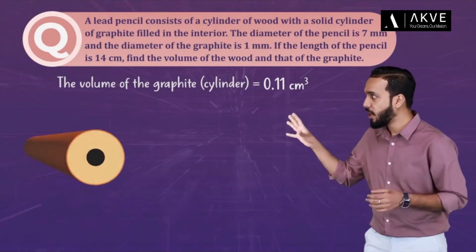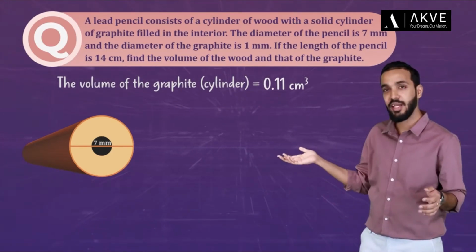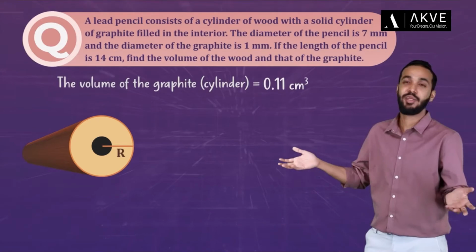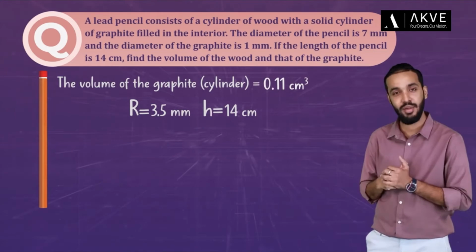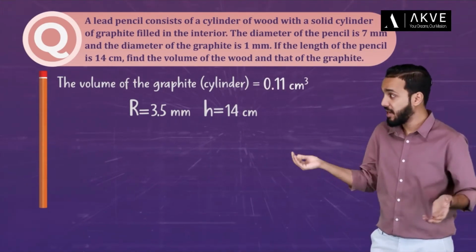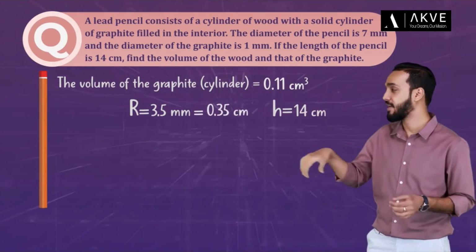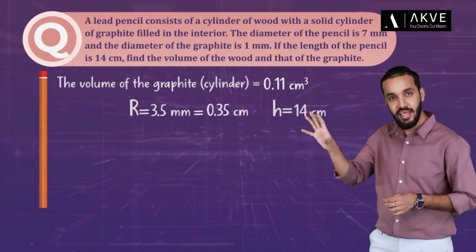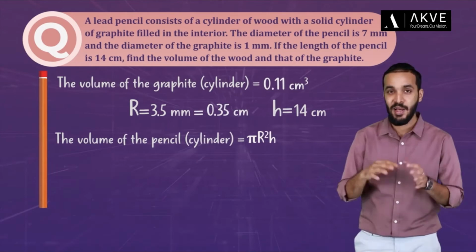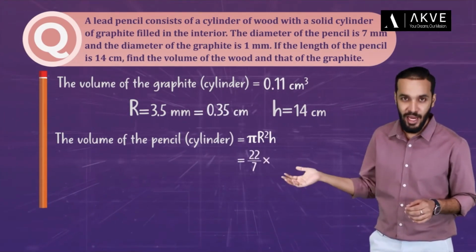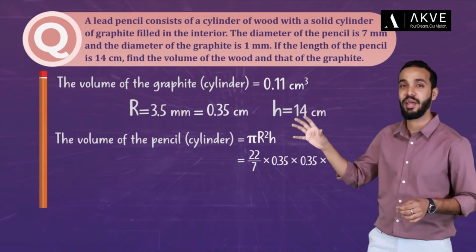Now, for the volume of the pencil, the diameter is given as 7 millimeters, so its radius, say capital R, would just be 3.5 millimeters. And the height of the pencil is 14 centimeters. Here again, we convert the radius 3.5 millimeters to 0.35 centimeters. So now, on substituting these values in the formula pi capital R squared h, we get 22 by 7 into 0.35 into 0.35 into 14 cubic centimeters.